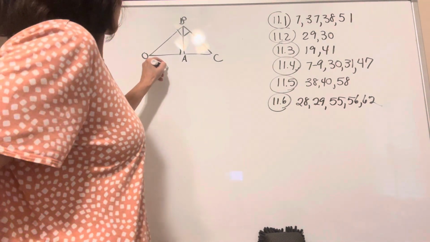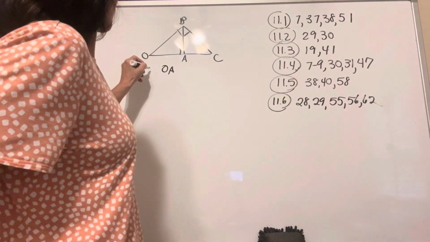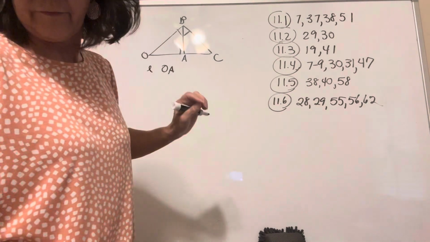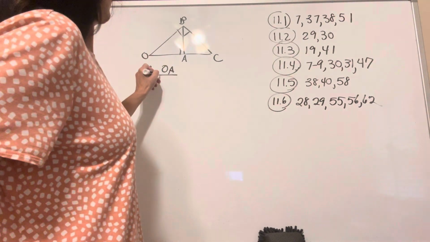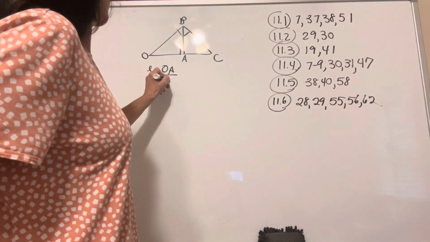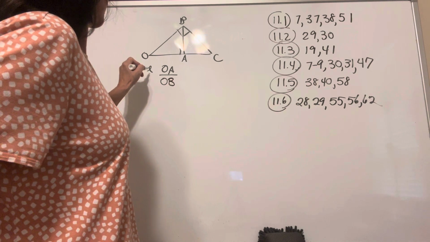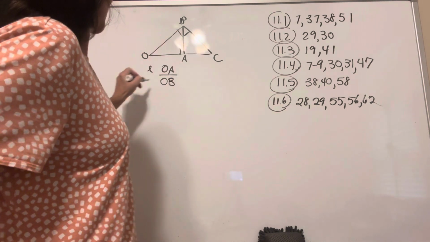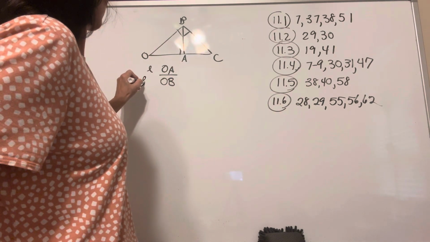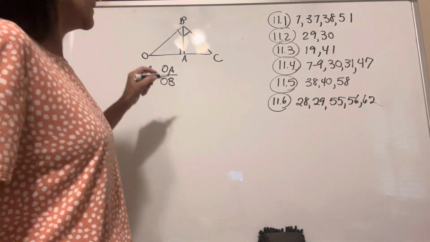And so it says OA, which is a leg in the smaller triangle, over OB, which is actually a leg in the larger triangle. You see that?